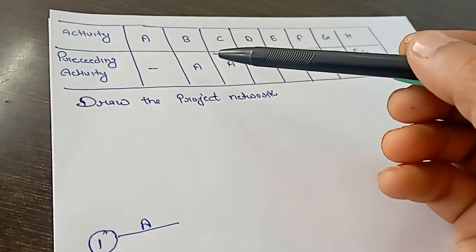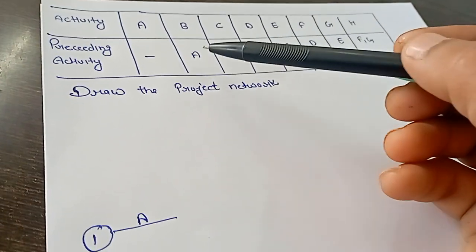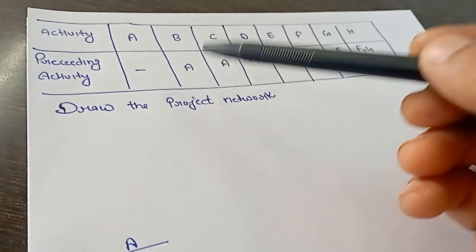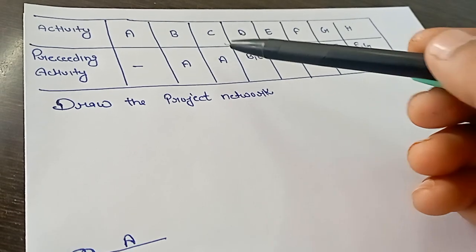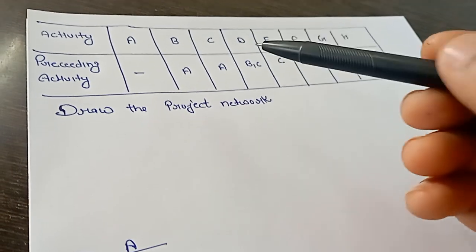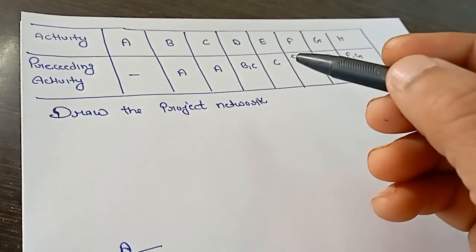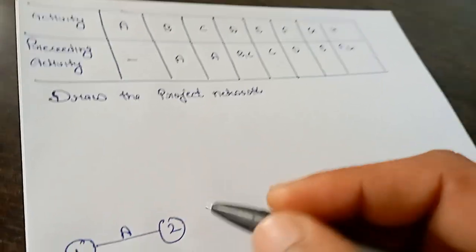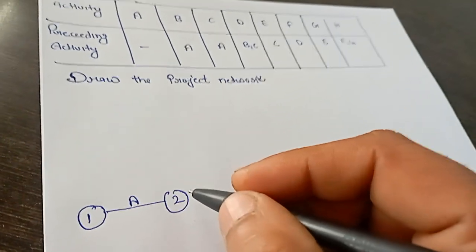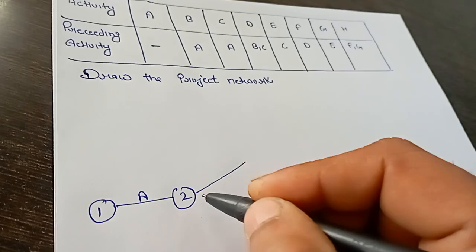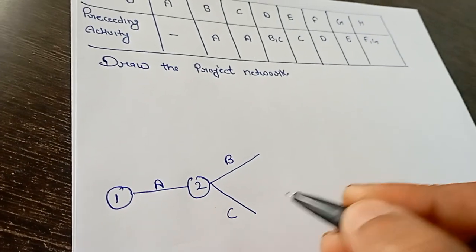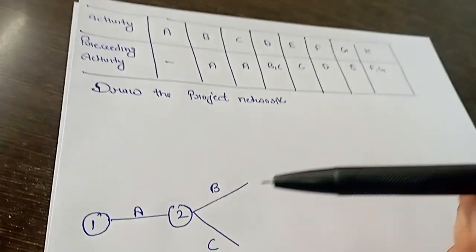After that, activity B has the preceding activity A, and activity C also has the preceding activity A. We say that B and C both are created by A, meaning point number 2. From point number 2, we create the activities B and C.